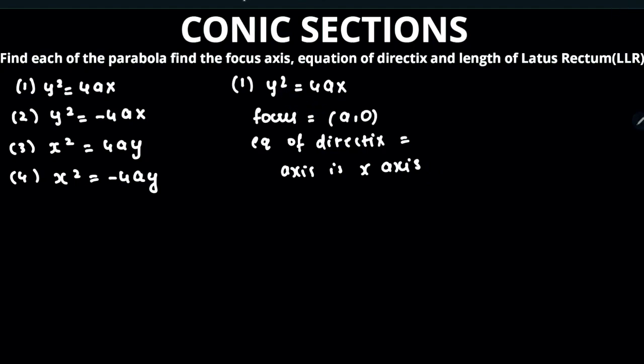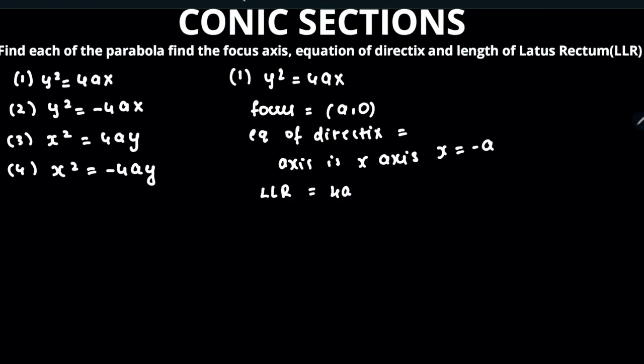If there is y square is equal to 4ax, then you have to write it as x-axis, which means x is equal to minus a. You have to see, if there is minus 4ax, then x will be just positive a. If y square is equal to 4ax, that is positive, then x will be negative. And finally, latus rectum is equal to 4a. So these are the things that you have to know before solving these type of questions.